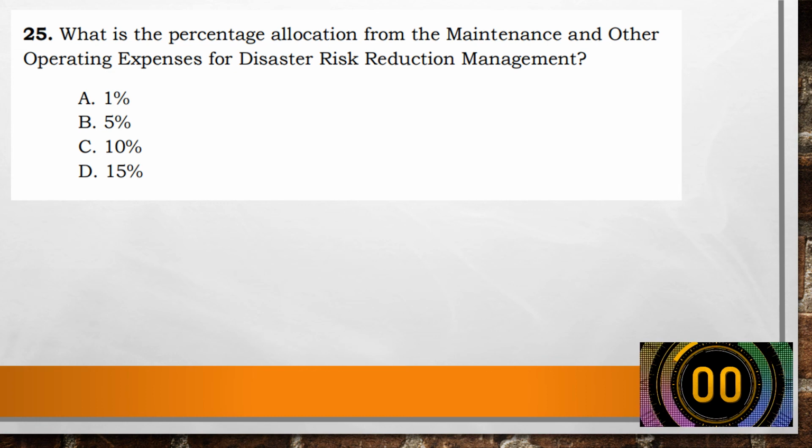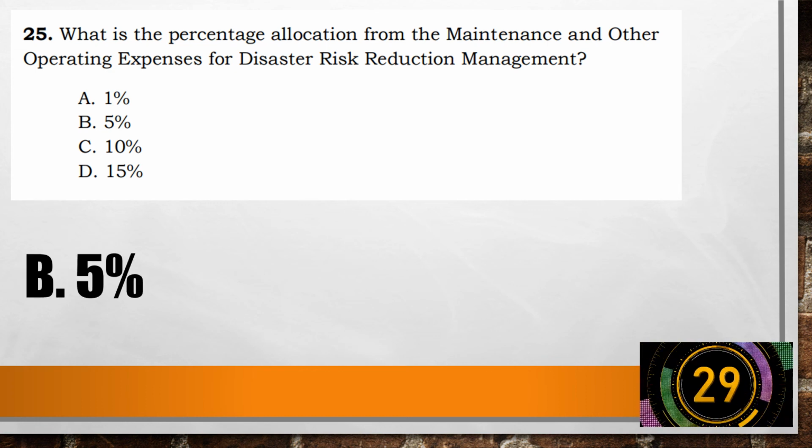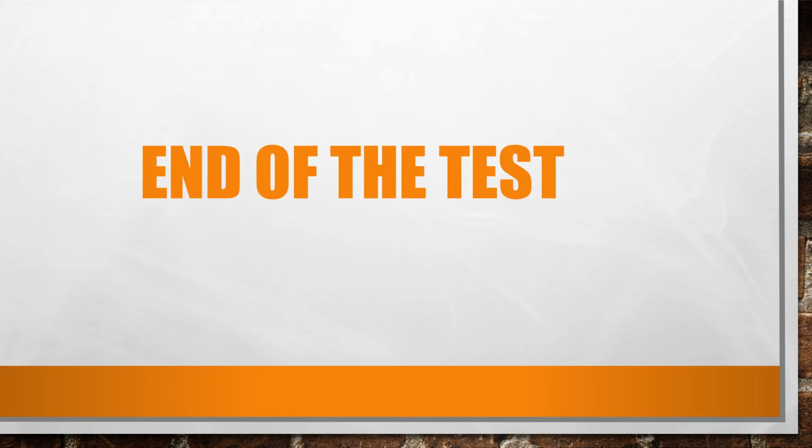The correct answer is letter B, 5%. So that is the percentage allocation of the DRRM coming from the maintenance and other operating expenses. So that is the end of the test.